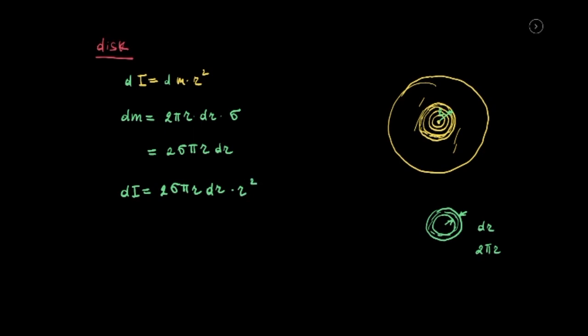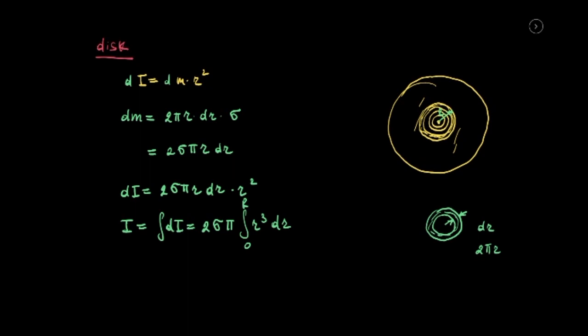If we want to find I itself, it would be the integral of dI, so 2 sigma pi r cubed dr. So r goes from 0 to R.